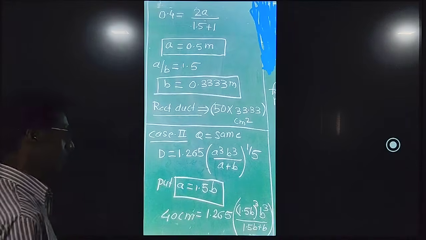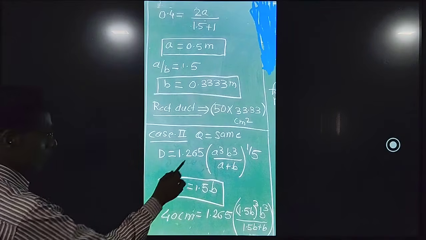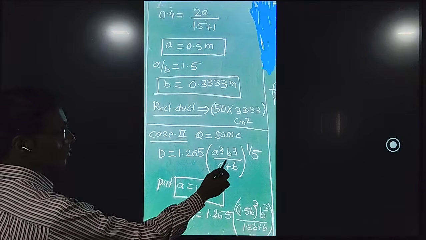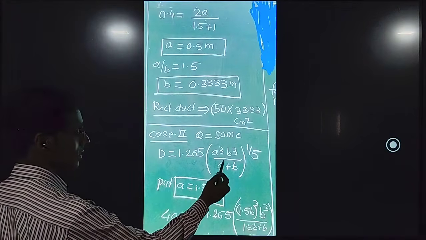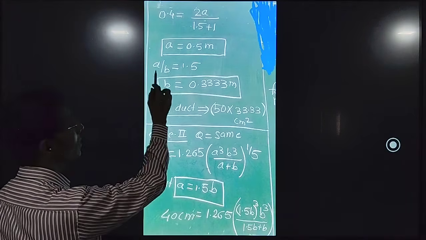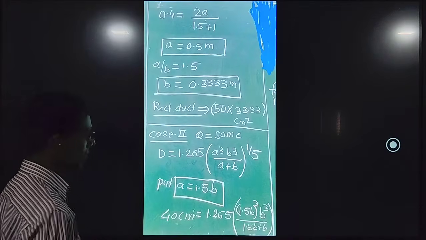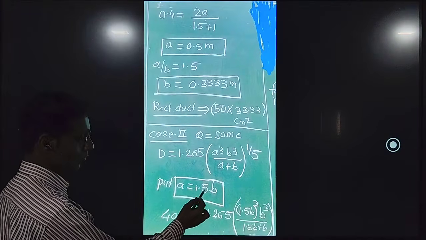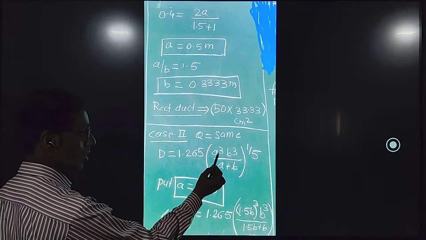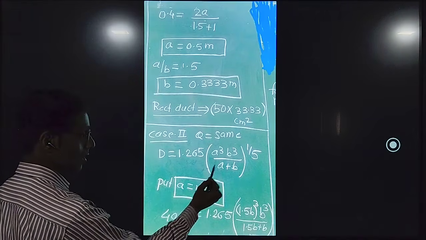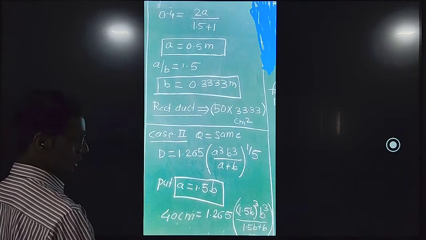Now in this case, we again have to use a trick in order to eliminate one of the sizes. Here, as a by b is equal to 1.5, a will be equal to 1.5 times b. So at the place of a, here and here, we put 1.5 b.